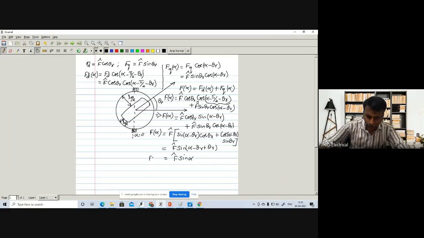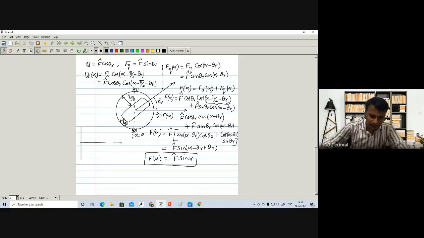What I conclude from this is that, even though there is magnetomotive force related to a small air gap length and a large air gap length, the resultant magnetomotive force with respect to the circumferential angle is a sine of that angle. If you draw this curve, we will have a sine wave.